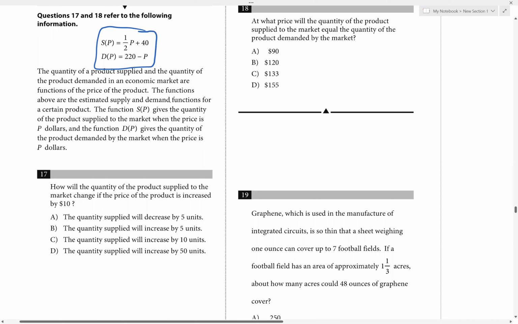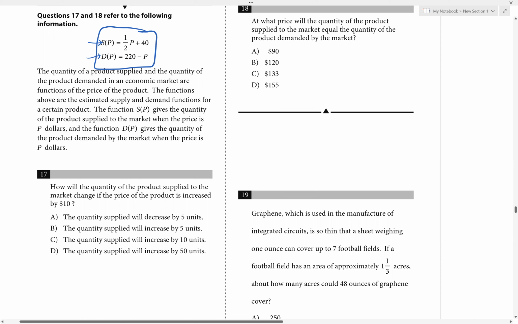The function S of P gives the quantity of product supplied to the market when the price is P dollars, and the function D of P gives the quantity of the product demanded by the market when the price is P dollars. Okay, so I have two functions. The S represents supply and D represents demand.